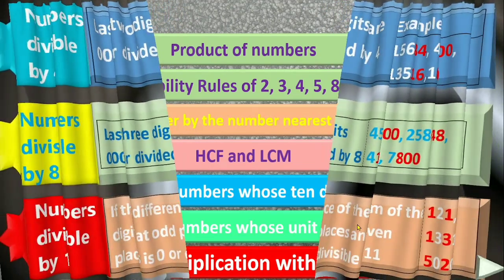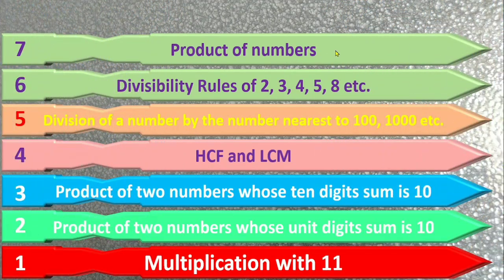Next, changeover. Last trick based on product of numbers. 25 multiply 7,812 multiply 4. So you need to write 7,812 only, and as you know 25 4s are 100.